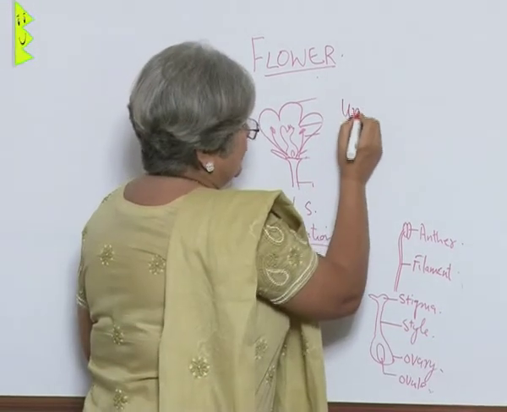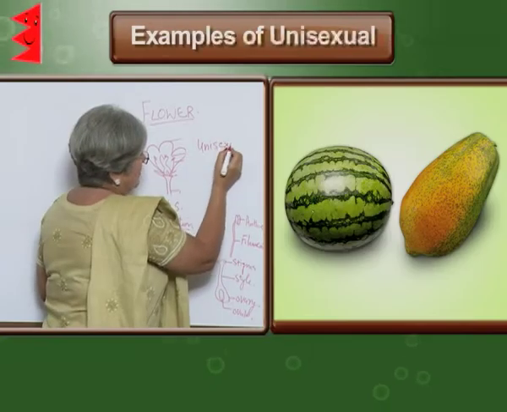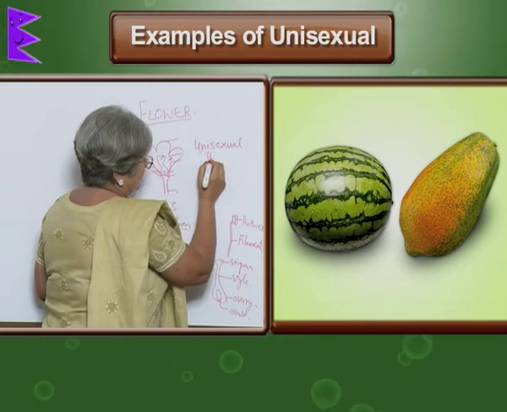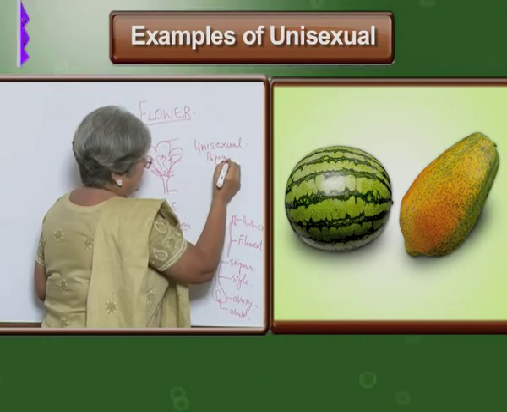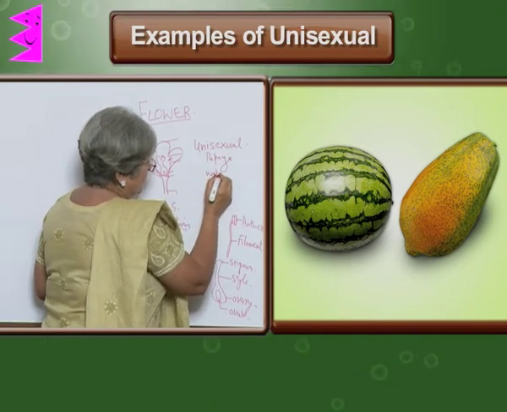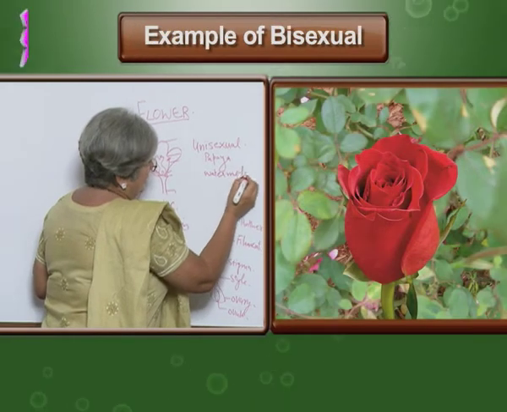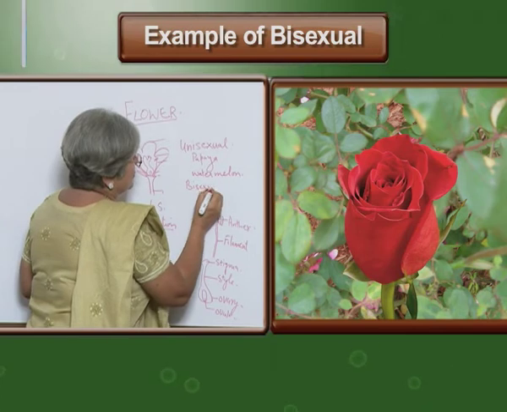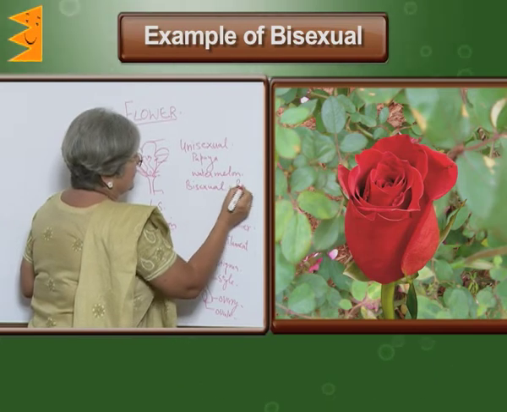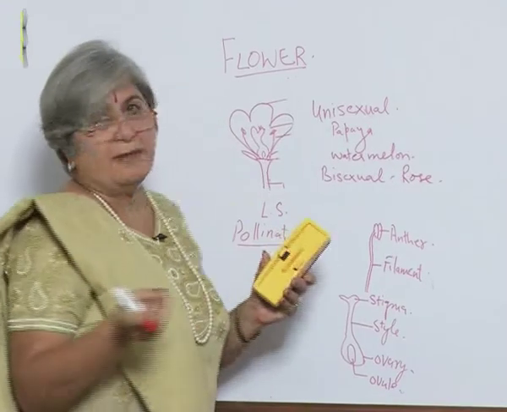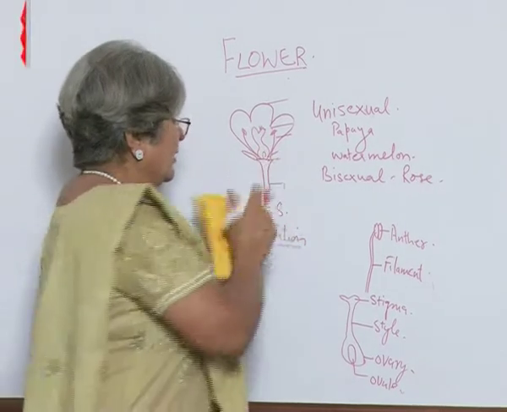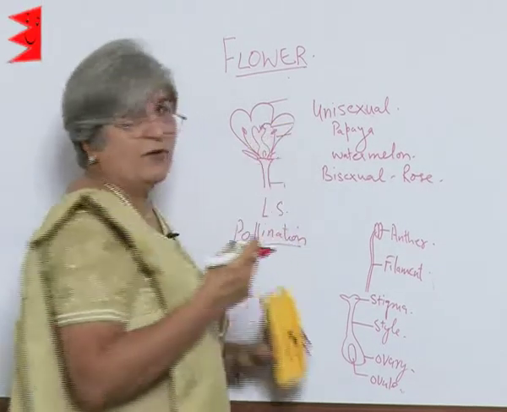Examples of unisexual are papaya or watermelon, and examples of bisexual flowers are many, like rose, hibiscus and so on. Now, in a bisexual flower, there is a possibility that the pollen grains can fall like this. But what about unisexual?